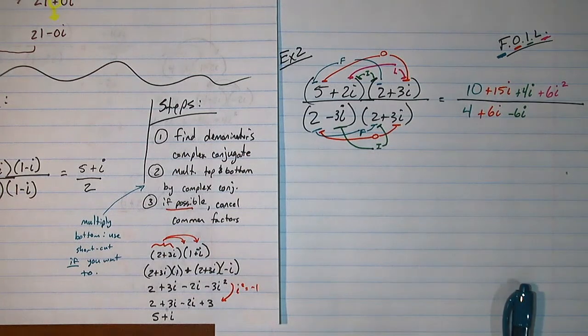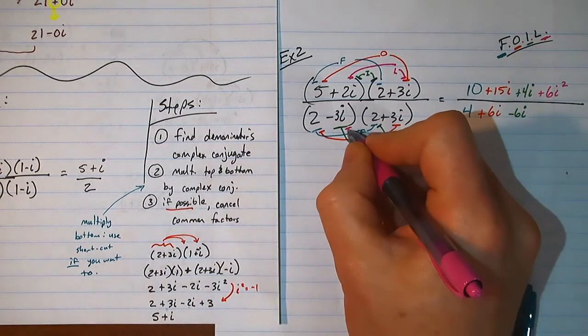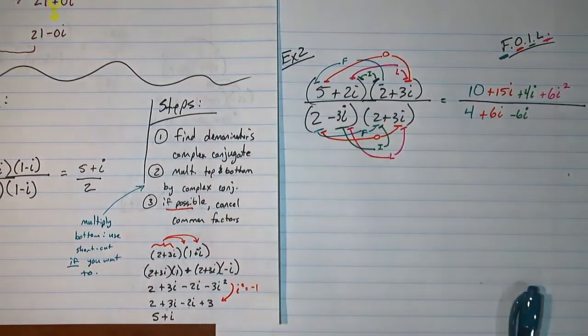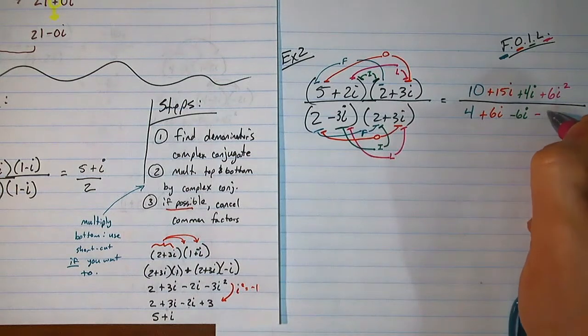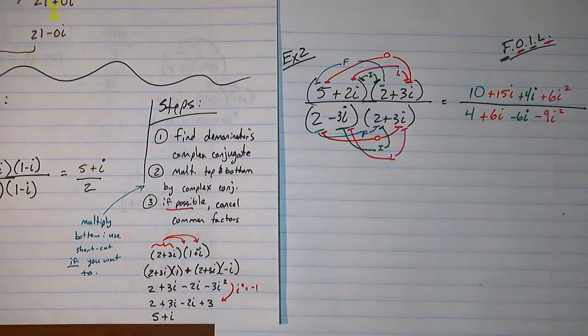And then I have my last, which is going to be 3i and 3i, but they have different signs. Negative 3i times positive 3i is going to give me a negative 9i squared. I times I is I squared. All right, so there's my FOIL process.